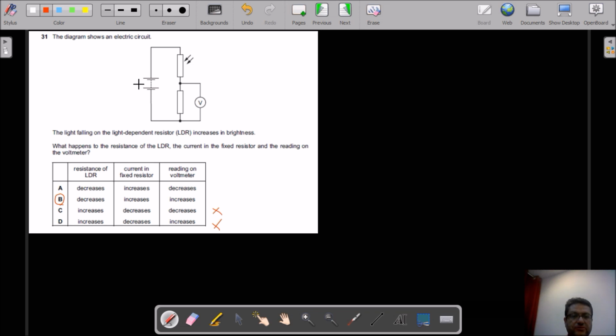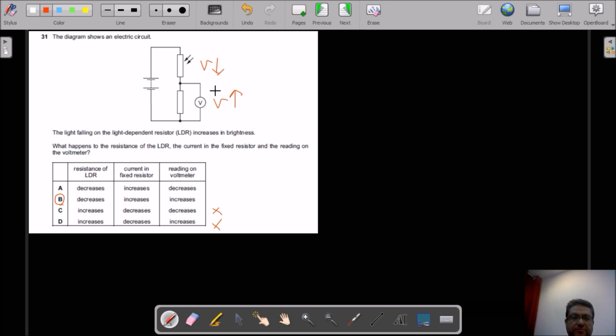When you decrease resistance of LDR, then voltage of LDR decreases as well. So when voltage of LDR decreases, then reading for voltmeter will increase.